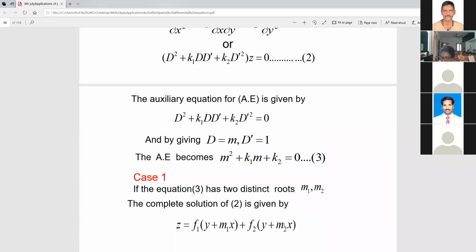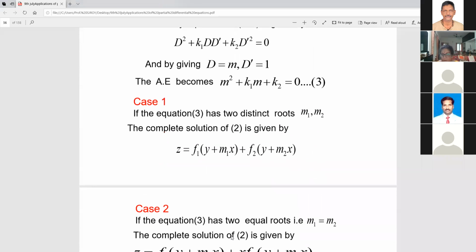This comes into the picture because of Lagrange's equation. If you factorize, you will get two factors, each one a linear factor, and if you solve that, you will get this as a solution. So we make this a function of y plus m2x and y plus m1x. If you have more than that, we'll just add the functions. That's it.